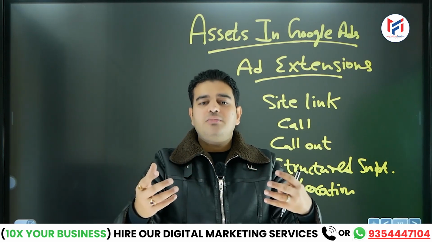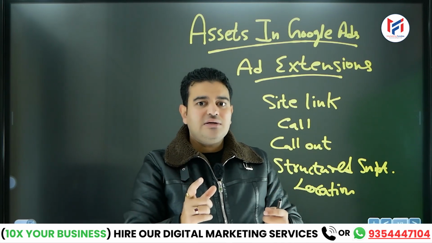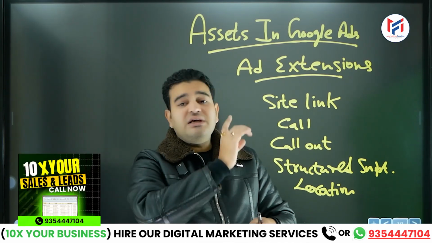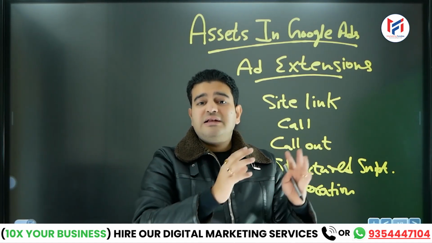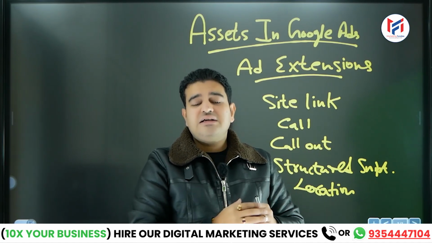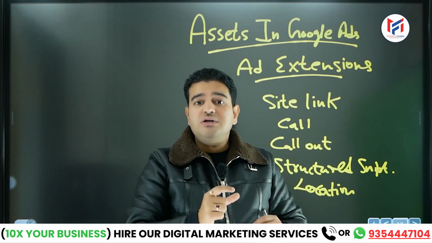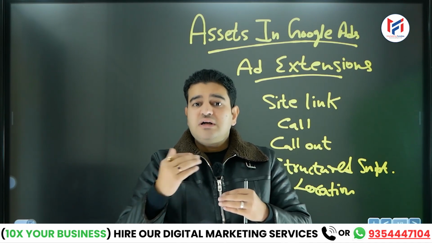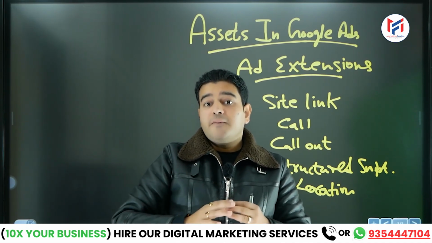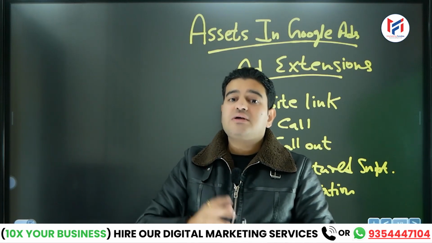So you spent 1 lakh on Google Ads monthly and got 1,000 clicks. If used properly in the necessary campaigns with the assets, then friends, in just 1 lakh rupees, instead of 1,000, you will be getting 1,100, 1,200, 1,300 clicks. And in that same budget, you can say that indirectly for your business, the revenue and sales have been multiplied.